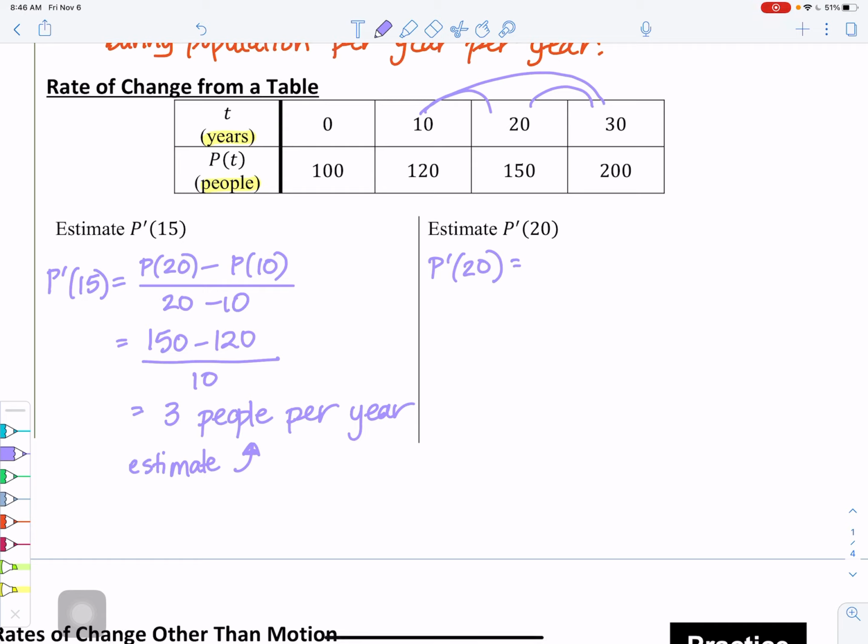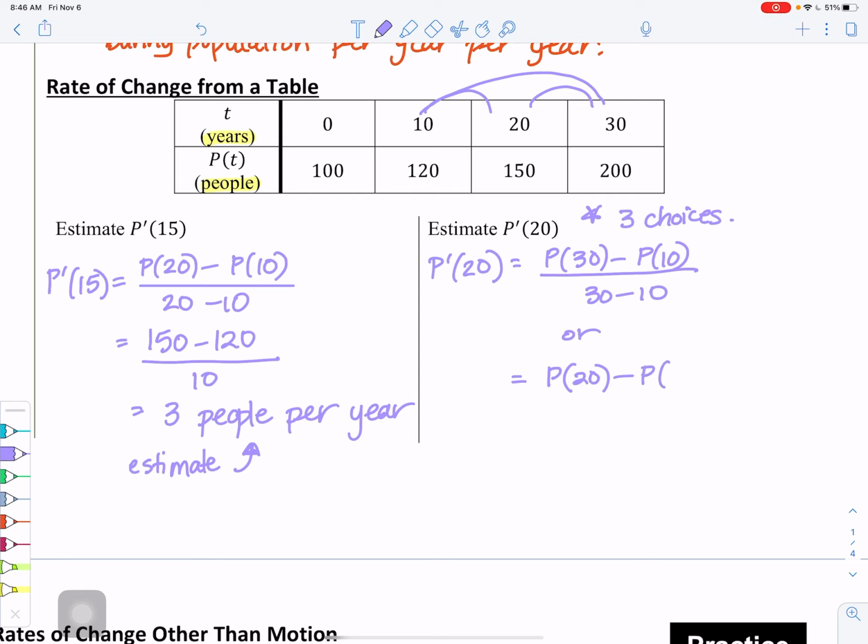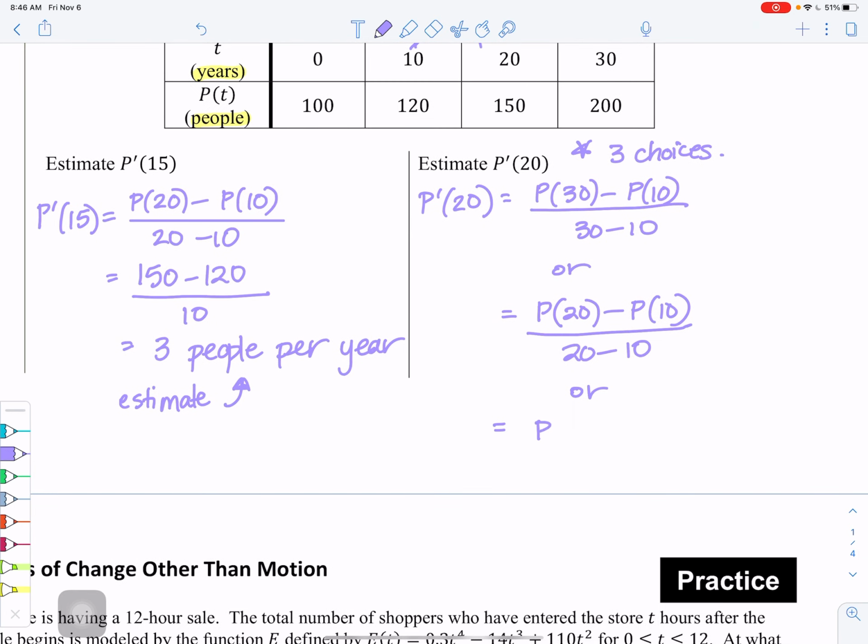So you have 3 choices. All of them are correct if you show your work. So you could use P of 30 minus P of 10 all over 30 minus 10, or P of 20 minus P of 10 all over 20 minus 10, or P of 30 minus P of 20 all over 30 minus 20.